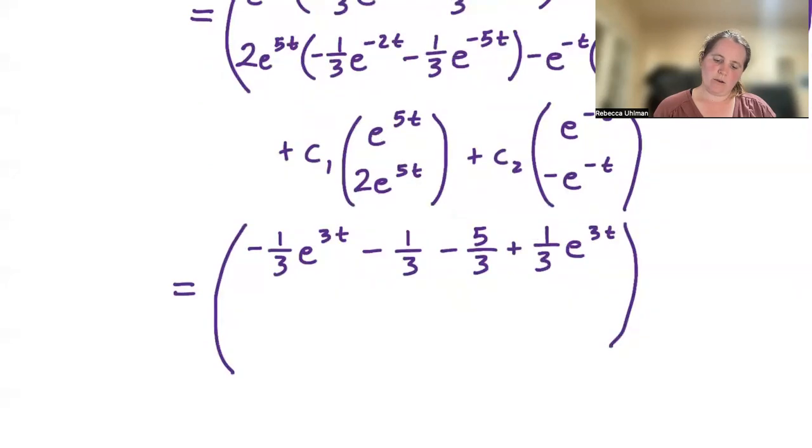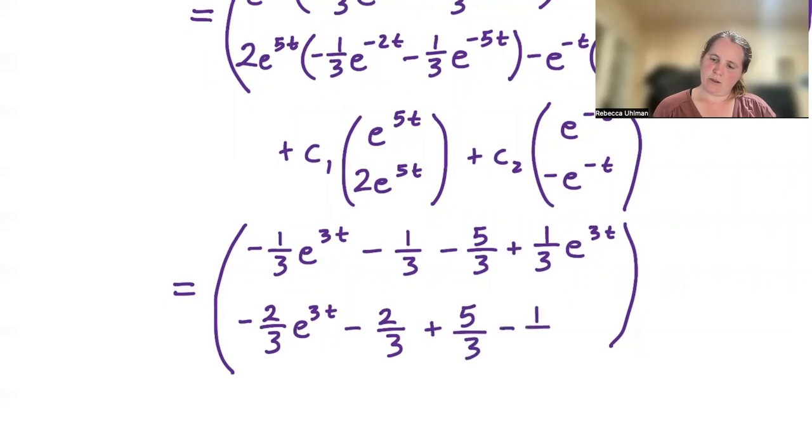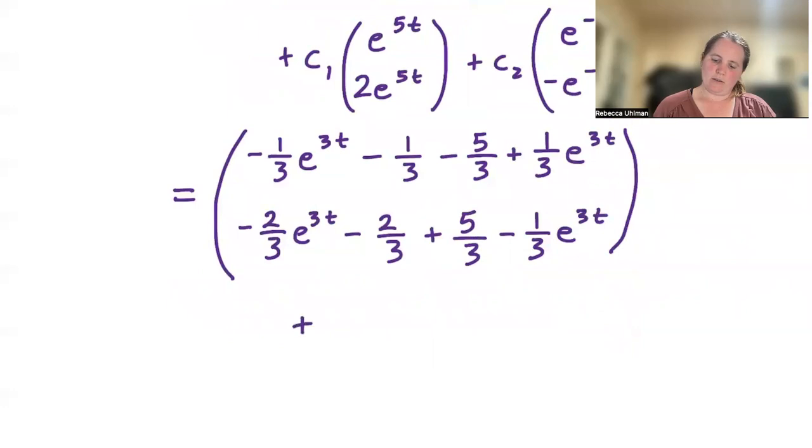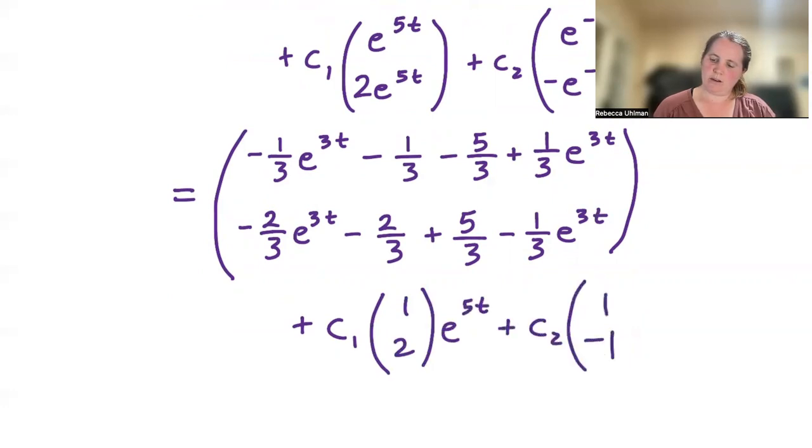For our second row, we are looking at a negative 2/3 e to the 3t. Then we have a minus 2/3, then we have a plus 5/3 and a minus 1/3 e to the 3t. Our general solution, I'm going to rewrite it as plus c1 times 1, 2 times e to the 5t plus c2 times 1, -1 times e to the -t.